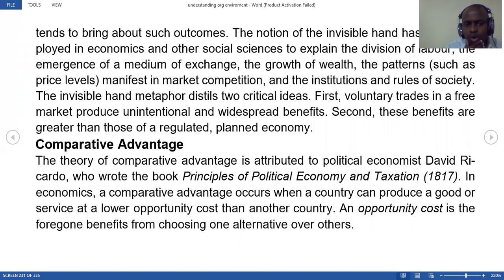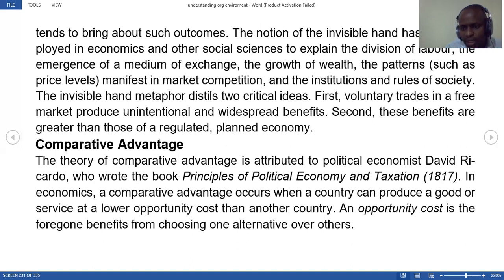Then we also have what is called the comparative advantage. This occurs when a country can produce a good or service at a lower opportunity cost than another country. For example, if Kenya produces maize at a price of maybe 100 shillings, then we go to another country like Tanzania, where it can produce the same maize at 60 shillings, then we can say Tanzania has a comparative advantage over Kenya in the production of maize.